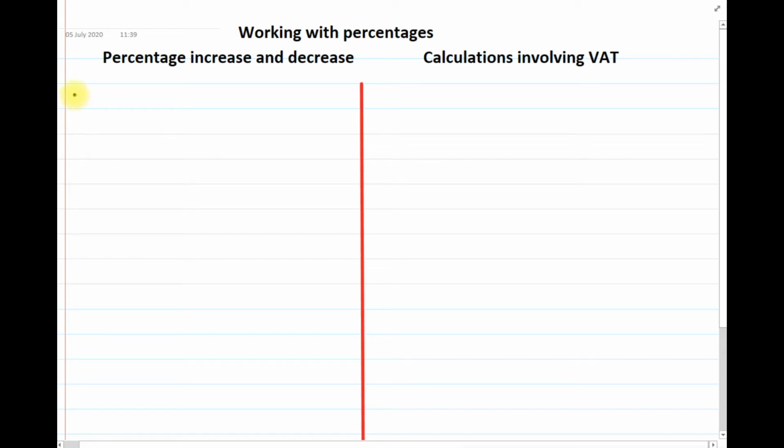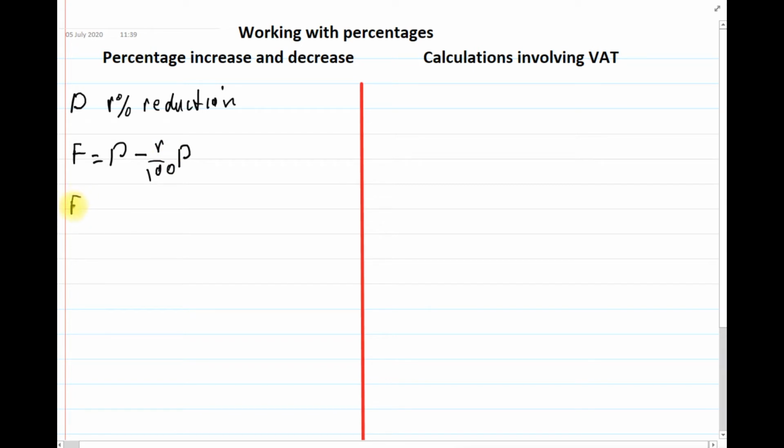So if the price of an object is P, and the rate by which I want to reduce the price is R% reduction, the final price is equal to P, the original price, minus R% of P, which is the amount by which the price is reduced.